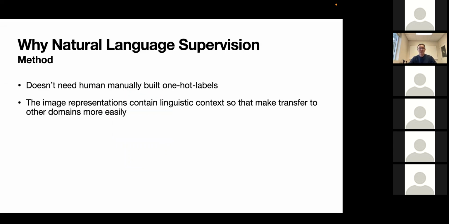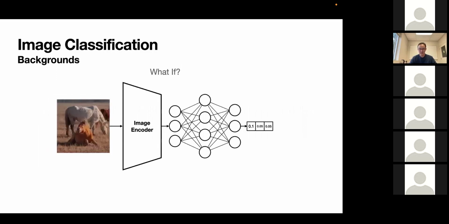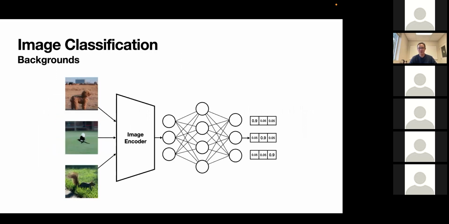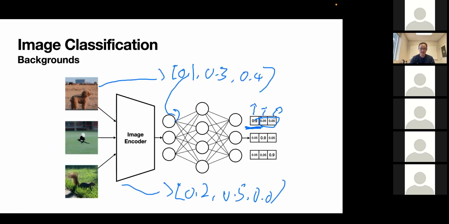Okay, let's start with the real one. It's about the method, and I just need to highlight the main contributions of the authors. The first one is that this model doesn't need humans to manually build one-hot labels, because in the case here, for each image we need to get its label. For dogs, it has to be 1, 0, 0, and this one needs to be 0, 1, 0.